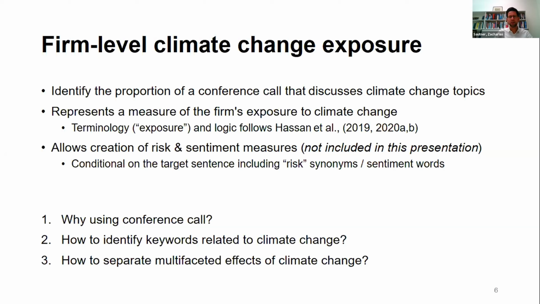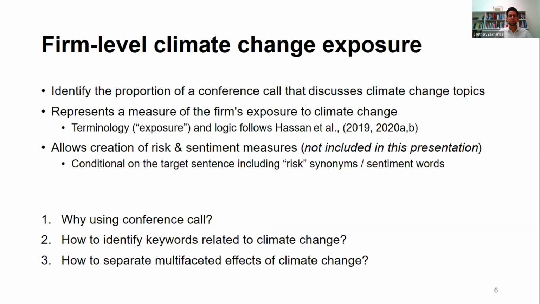And there are other papers that they have written using this methodology that I'll mention later on. Now, the nice thing with this measure is it allows us to create a measure of overall exposure, of topic-based exposure, opportunity, risk, related to regulation, physical risk, but also it allows us to more explicitly measure risk and sentiment.